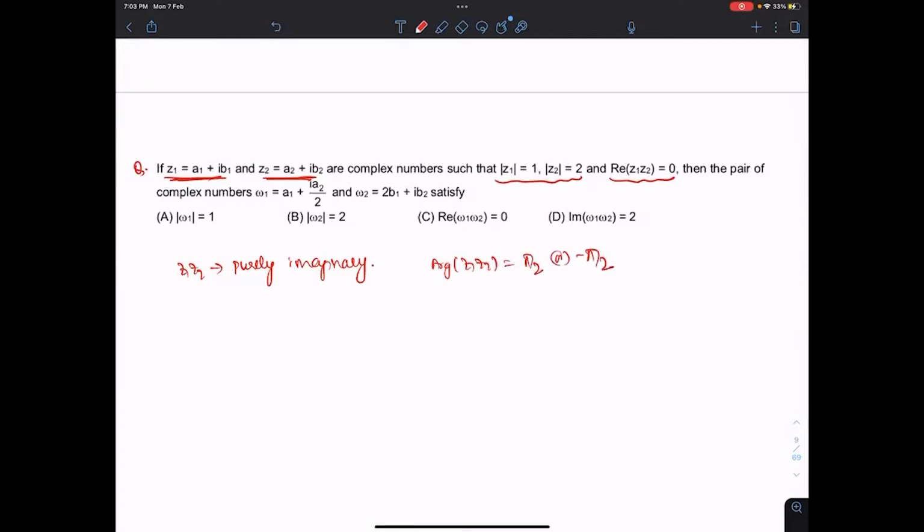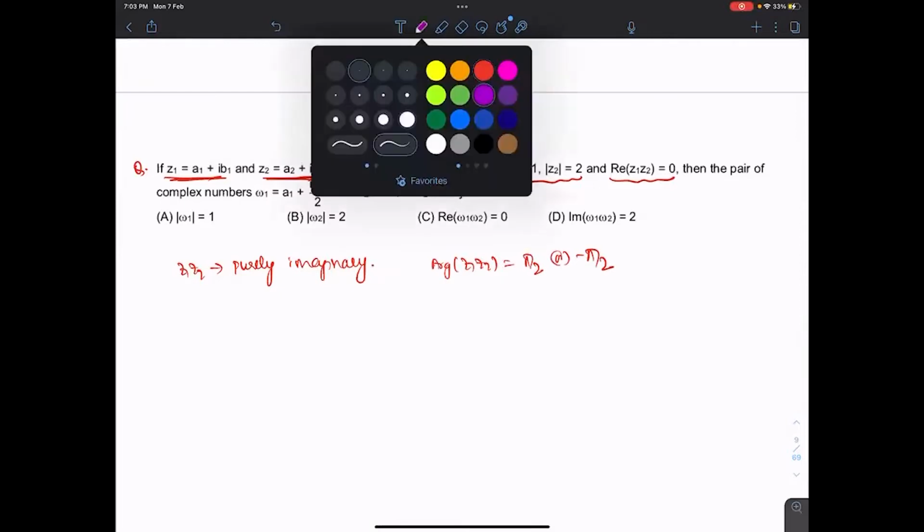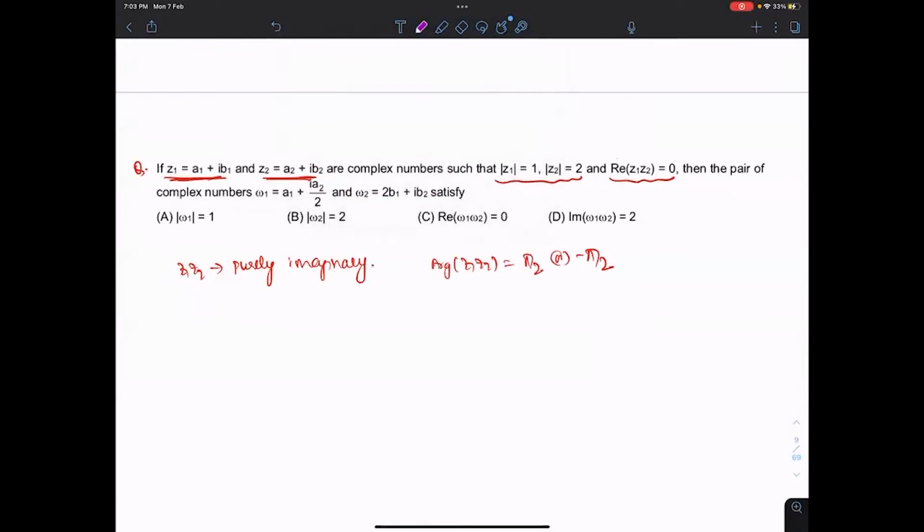Now, coming to this. See, in complex numbers, this is the beauty of the questions. They will give one piece of information, but with that one piece of information, you have to interpret it differently to solve the question. Even though both are same, this is not going to help in solving the question. These are going to help. Let us see how.